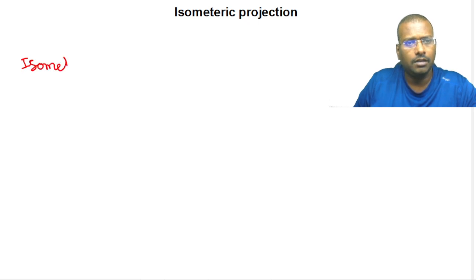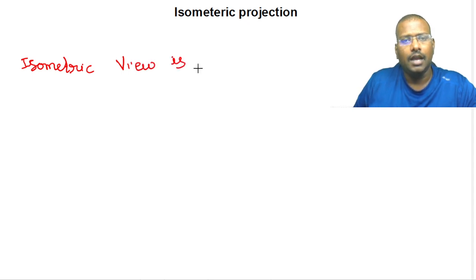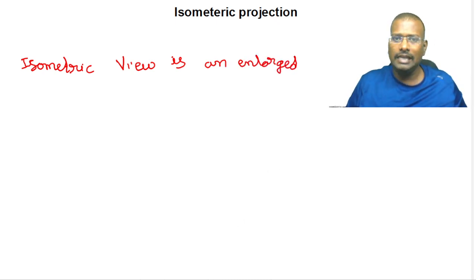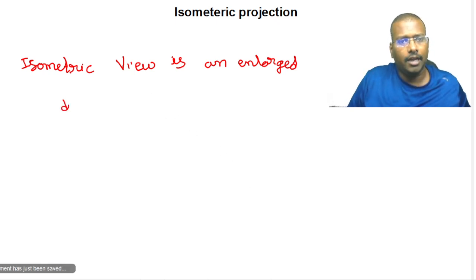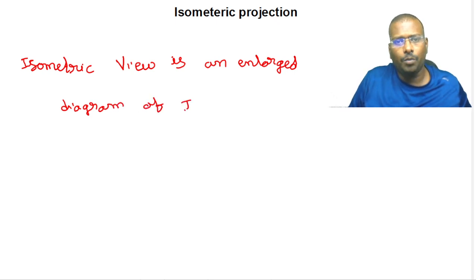Isometric view is an enlarged diagram of isometric projection.